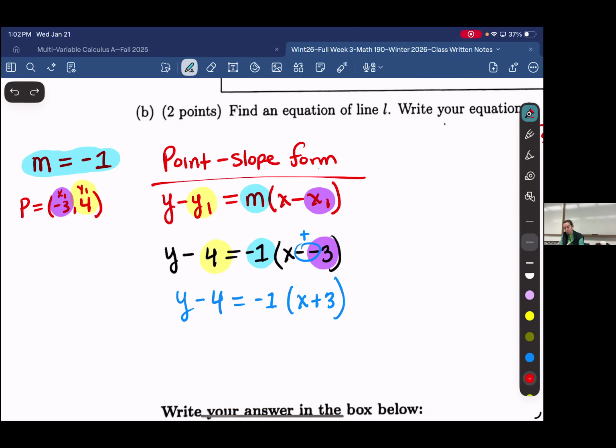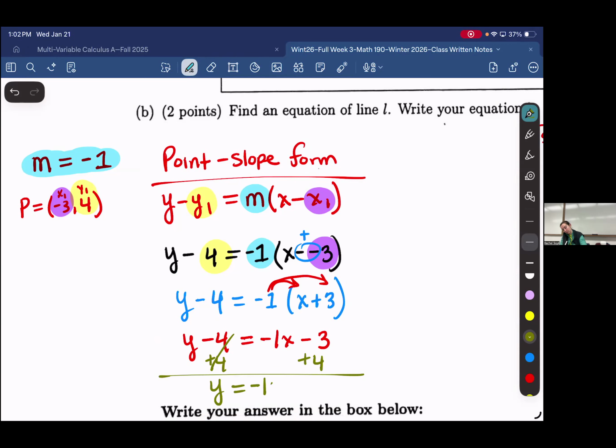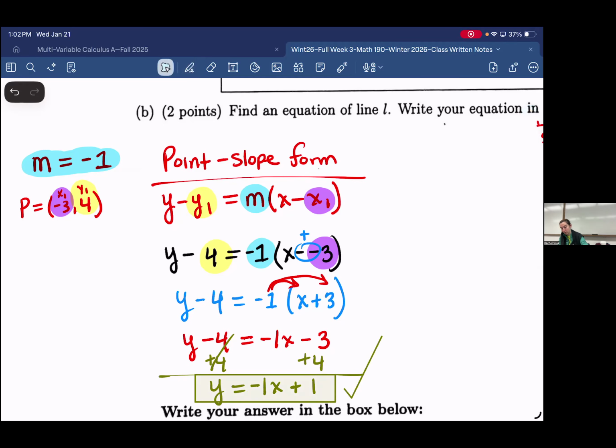But they want you to put it into slope-intercept, so we need to distribute and get our y all by itself. So we get -1x minus 3, and then add 4 to both sides, so that we get y is equal to -1x plus 1. So now it's in our y equals mx plus b. And we're done with part B.